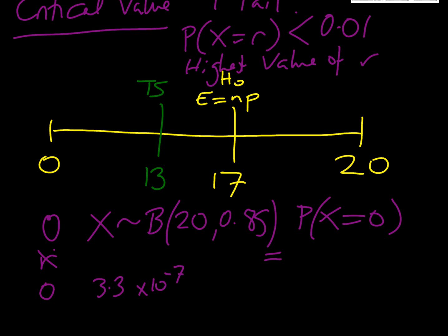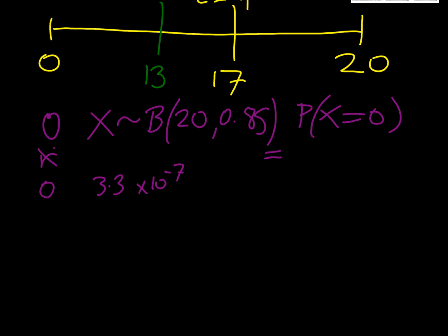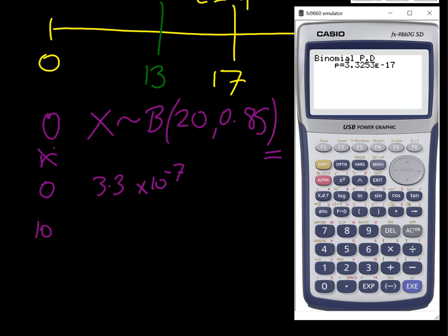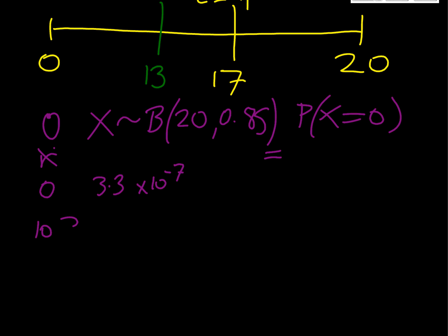So that's really low, isn't it? So let's try another one. Let's try what's the chance if the value of x was 10? Now we're looking for the probability that x is less than or equal to 10, because we're interested in 10 or more extreme.